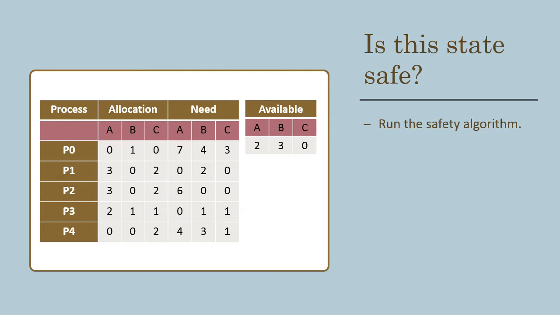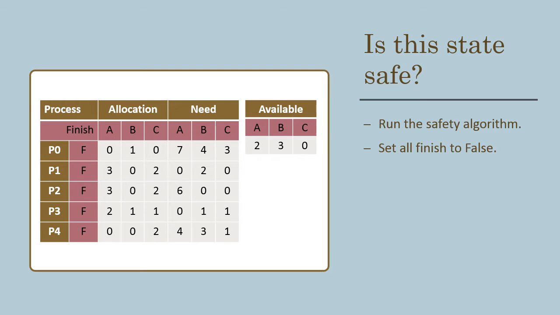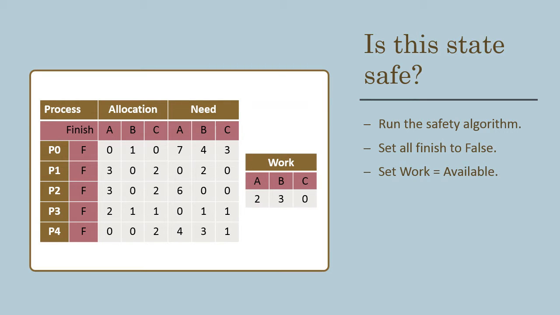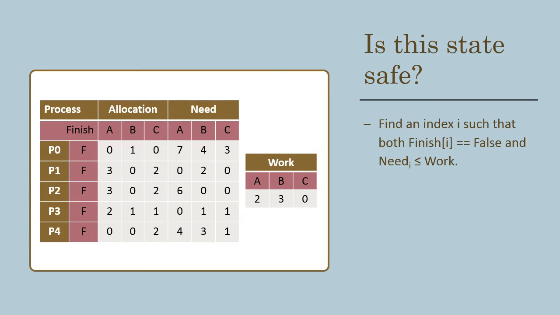Run the safety algorithm. Set all finish to false. Set work equal to available. Find an index I such that both finish I is false and need I is less than or equal to work. Let's start scanning from P0. P0 does not fulfill these conditions, but P1 does.